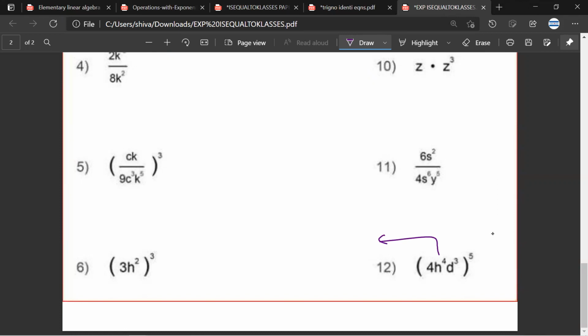So 4h raised to power 4 into 5, d raised to power 3 into 5. So the answer would be 4h raised to power 20 and d raised to power 15. Sarthak, any doubt?